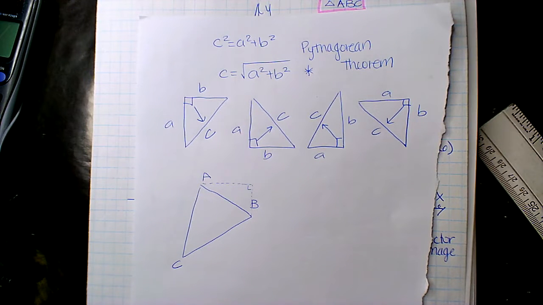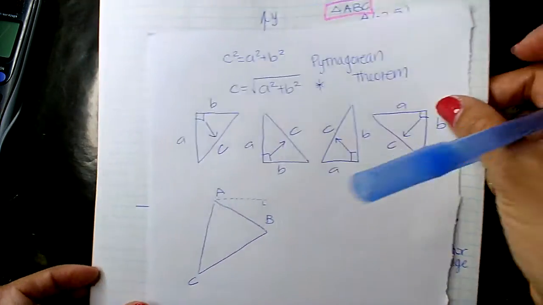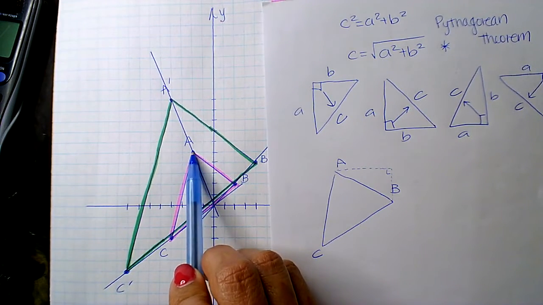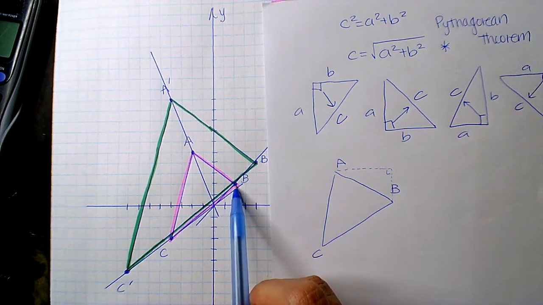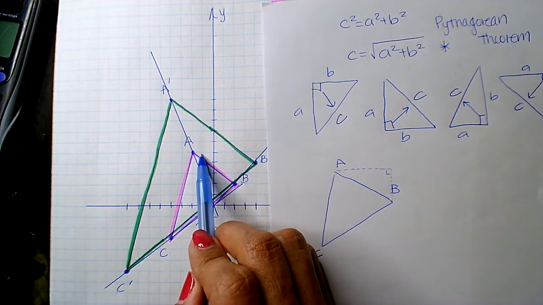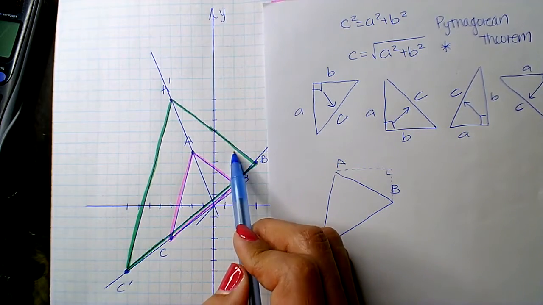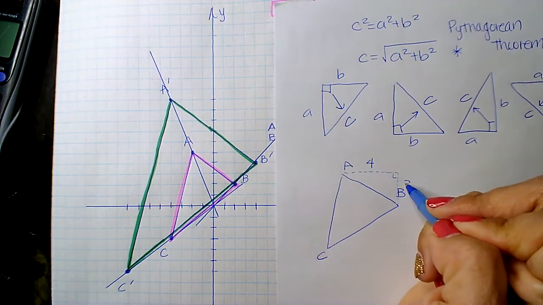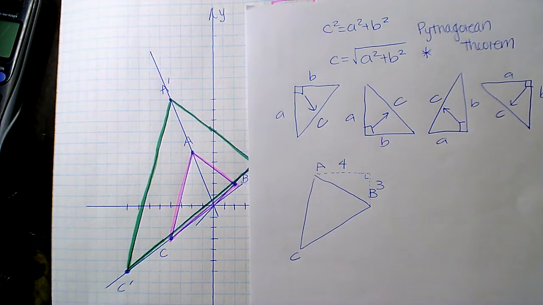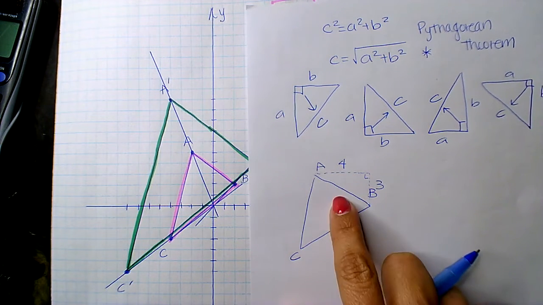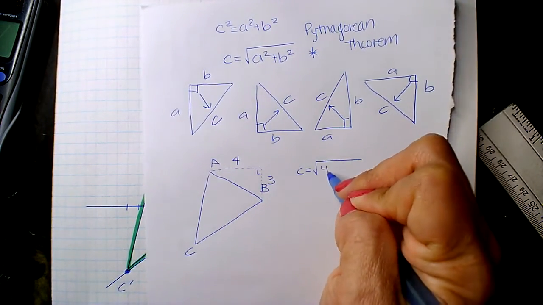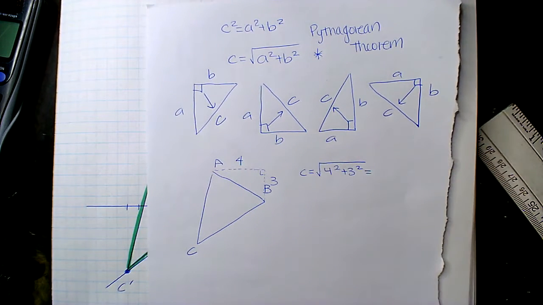So if we count, see if I can show both, hold on. Yeah, so if we count, I'm going to start at A, I'm going to run across, and then I'm going to come down. Okay, so if I count, it's 1, 2, 3, 4. So it's 4 across, and then it's 1, 2, 3 down. So what my Pythagorean theorem is looking like, 4 squared plus 3 squared, because those are my legs.